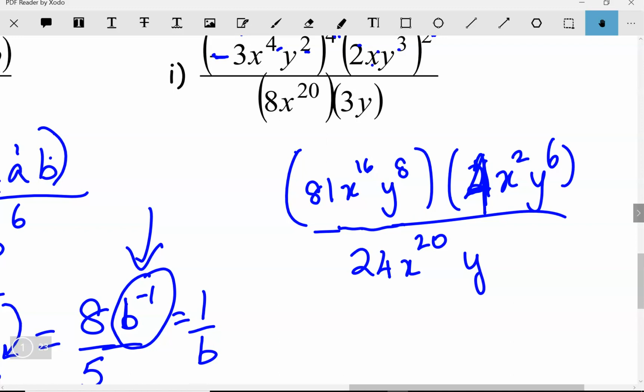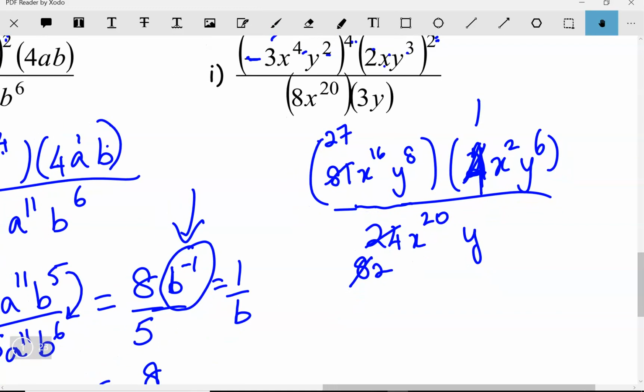So technically I'm going to take out a 3 from here, so that this becomes an 8, and a 3 from the 81, so it's 27. And in fact the 4 and the 8 are going to cancel to give me a 1 and a 2. So maybe leaving the 8 and the 3 would have been easier, but either way, same answer, not a big deal. So again, I'm going to do this in one step. My number is 27 over 2, right?